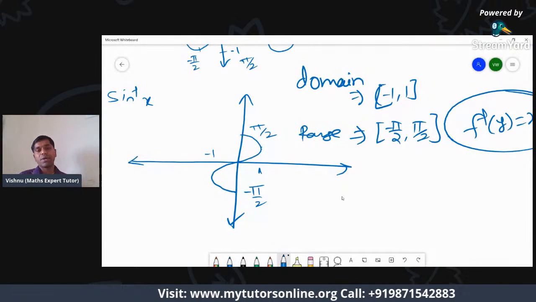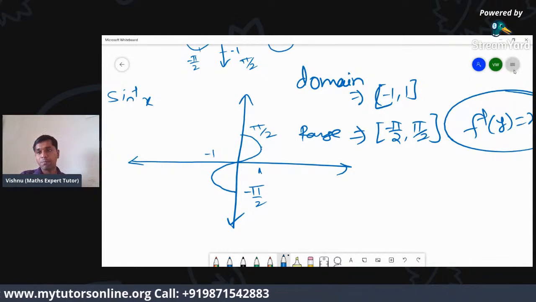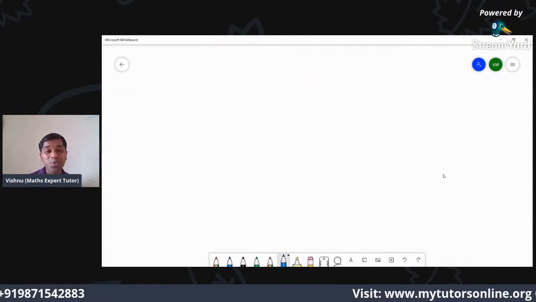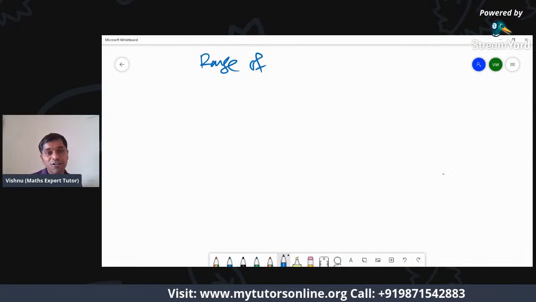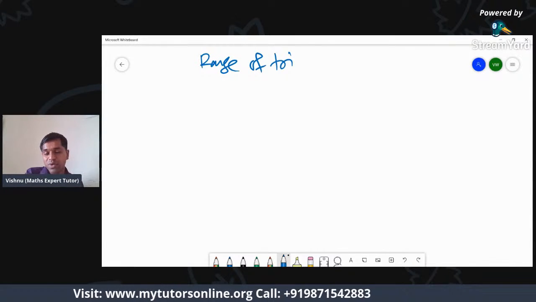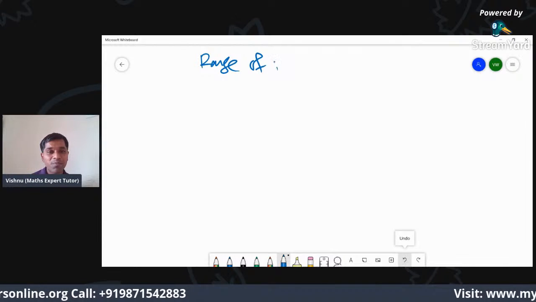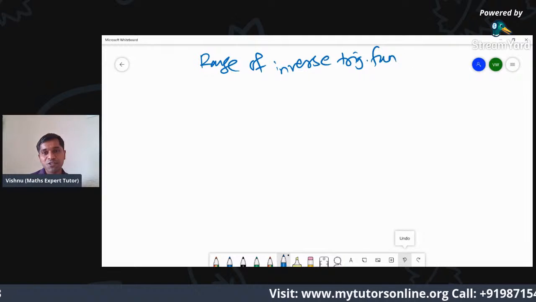Domain is easy, but let's see how we remember the range for the functions. Actually, I'm going to give you a trick, a hint on the range of inverse trigonometric functions.